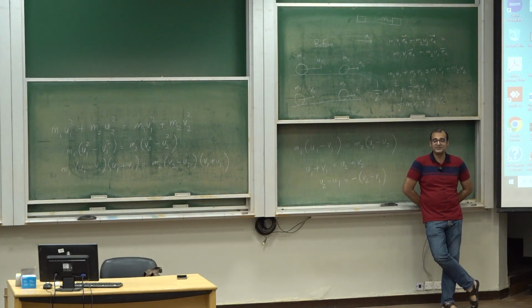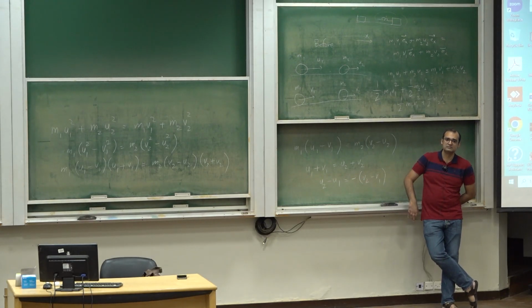What is this thing telling you physically? The relative velocity before the collision of the two objects equals in magnitude the relative velocity of the objects after the collision. The relative velocity after the collision is just opposite in direction. That's what this minus sign is telling you.